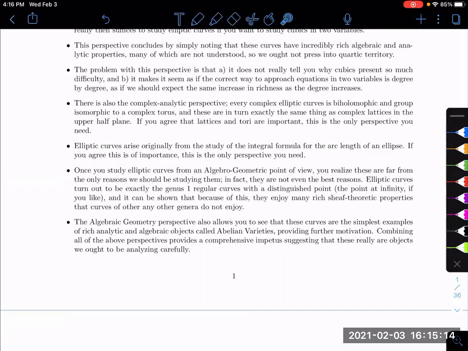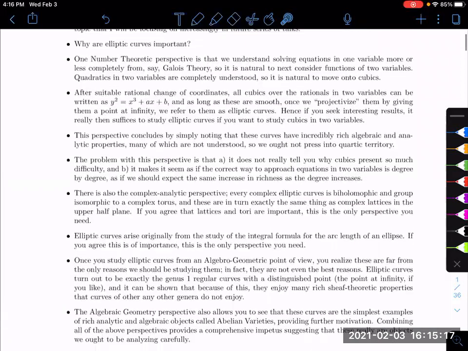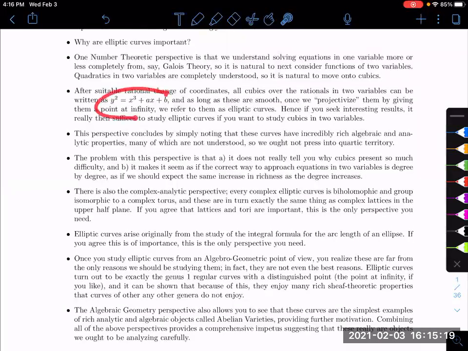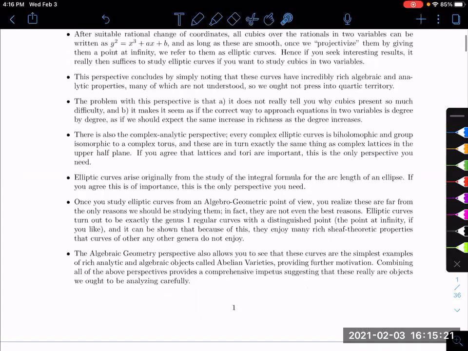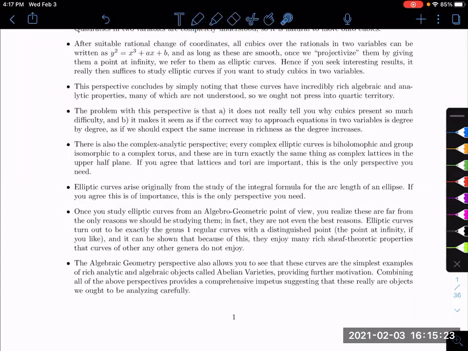So for example, the classical definition of elliptic curves is equations that look like this that are projective and smooth. However, you can show this is equivalent to the following definition from algebraic geometry. Elliptic curves are exactly the genus 1 regular, just think smooth if you want, genus 1 smooth curves with a distinguished point, which you can think of as the point at infinity.